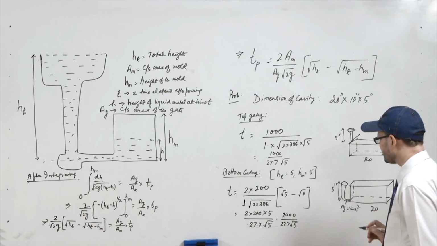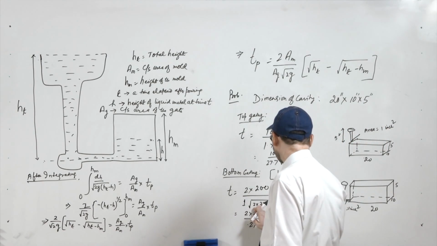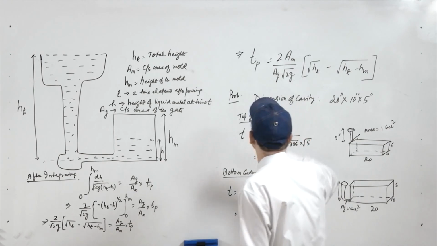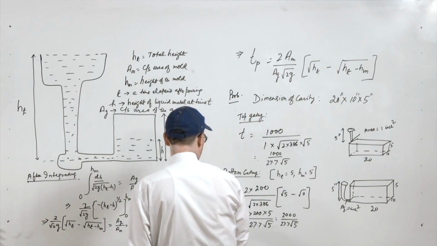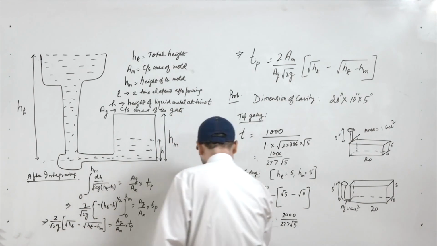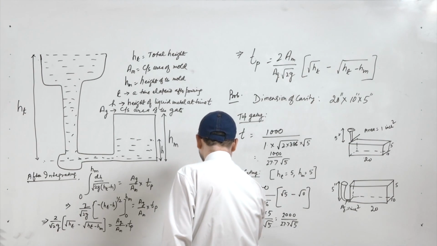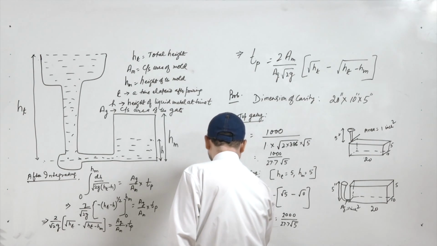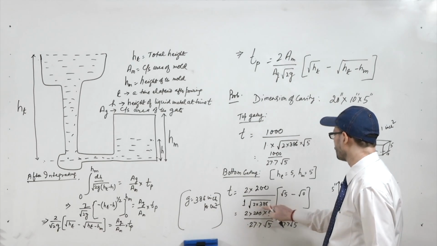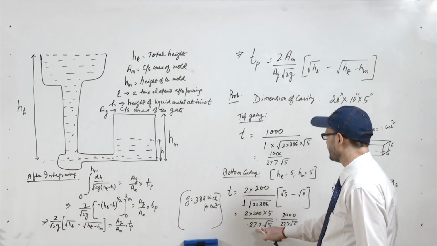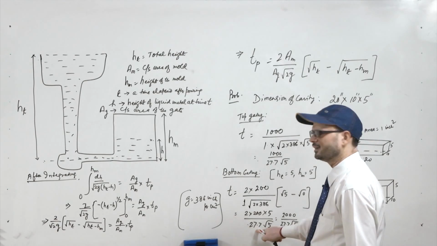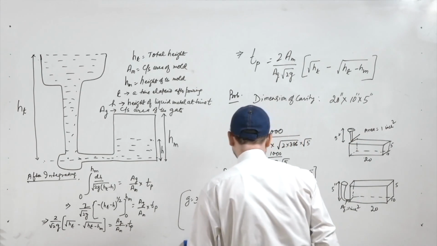What we have done is, under root 2 into 386, basically the value of g has been taken as 386 inches per second square. So, that is why under root 2g will be 27.7, it has been taken as.